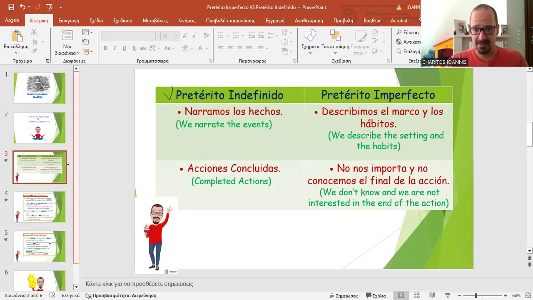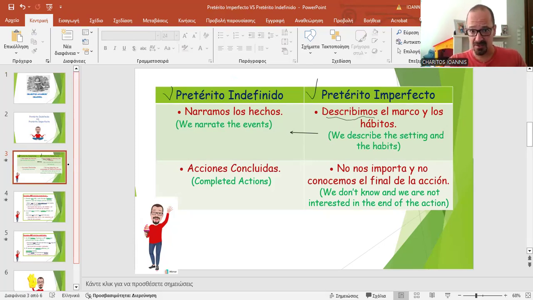On the other hand, el pretérito imperfecto is otra cosa. It's another thing. Because we don't narrate, we say that describimos el marco y los hábitos. We describe the setting and the habits. The setting of what? The setting of the story. The setting where later, the characters will start moving and I'll need to switch from pretérito imperfecto after describing the setting to el pretérito indefinido.